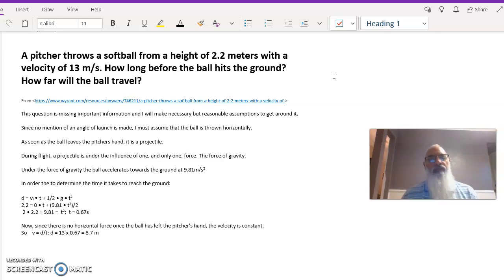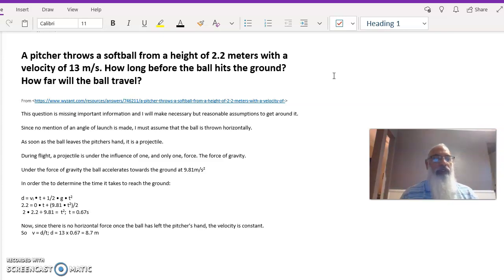There is only one significant force acting on it. There is a force of air resistance also, but that is very insignificant under the circumstances. The real significant force is the force of gravity.